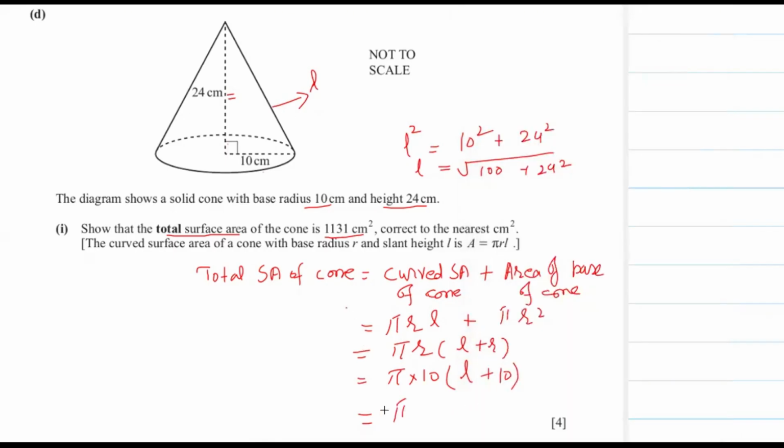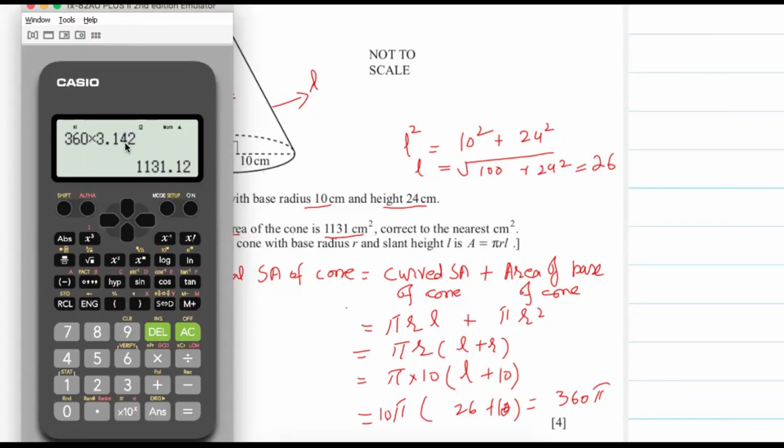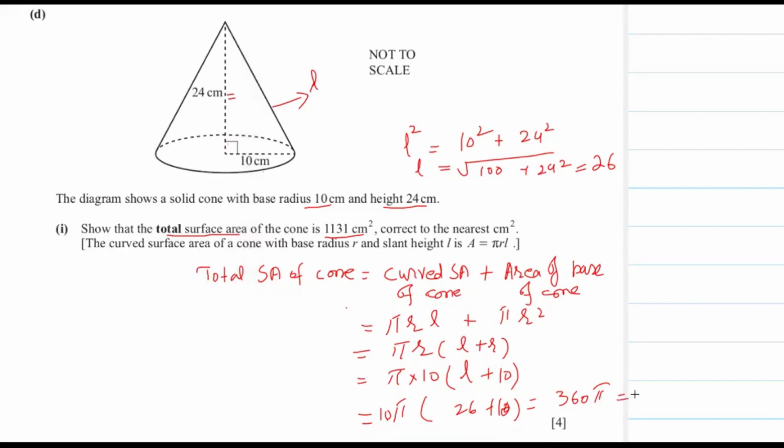We write it 10 pi into 26 plus 10 because the slant length here is 26, and this will be equal to 36 into 10 pi. This will be 360 pi. Look here, this is 360 into 3.142. The value of pi is 3.142. Therefore, the answer is 1131.1.